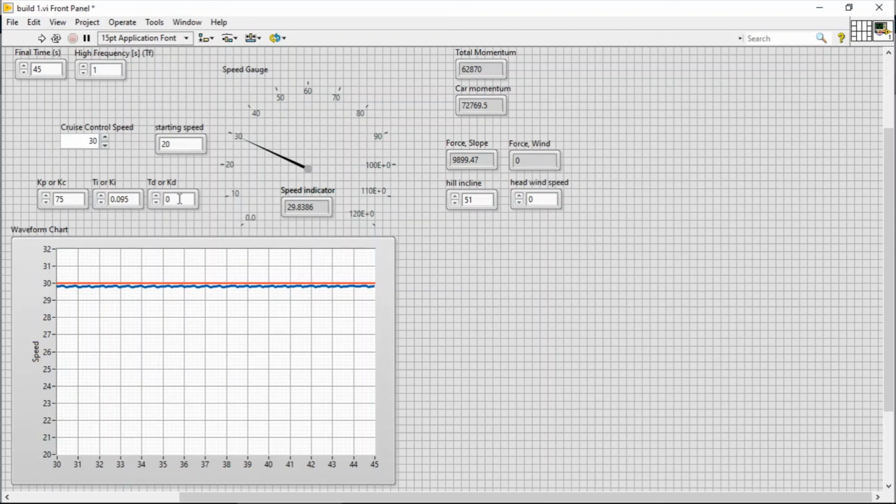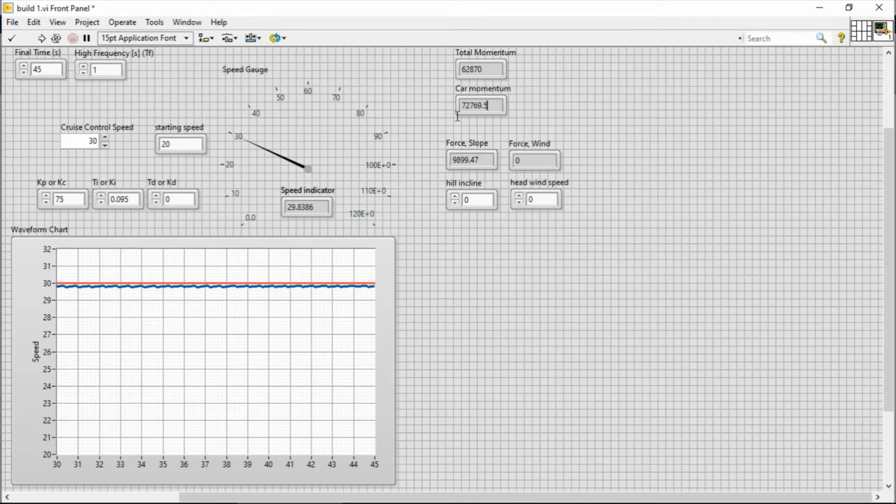Let's see, set that to 0. We'll set this back to 0 also. Oh, also I didn't point it out, but you can actually see the amount of force that the slope is putting on the car. And like I said before, the car momentum, this is what the car wants to have. This is what it actually has.